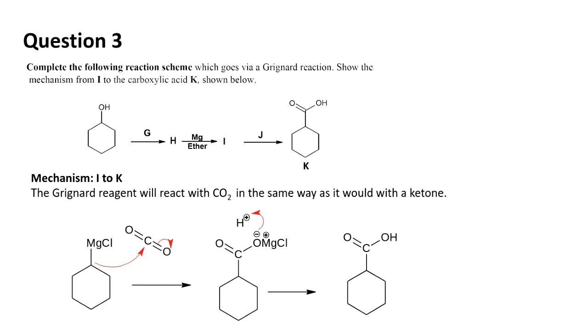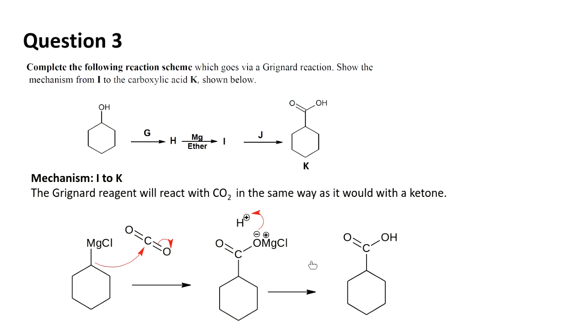The electrons go from the carbon to the carbonyl carbon, which is positive because it's flanked by two oxygens. As the nucleophile comes in, as we have done for a regular ketone, the C=O pi bond is going to break, and we have an oxide ion with the magnesium chloride. That's the first step. Notice only one carbonyl reacts.